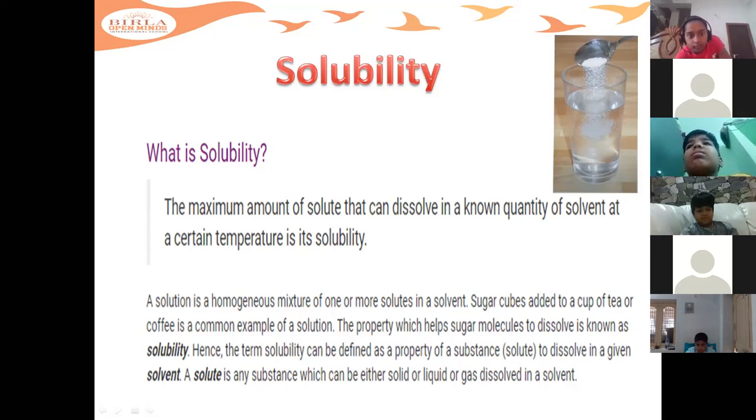If you go on adding lots and lots of solute to the solvent, it won't dissolve, because these particles of sugar and salt get settled inside the small spaces. There are gaps between the molecules of water. So these solute particles try to sit in those spaces in between the molecules.